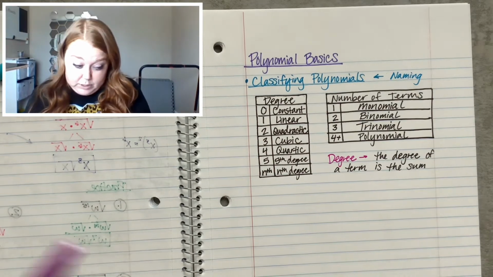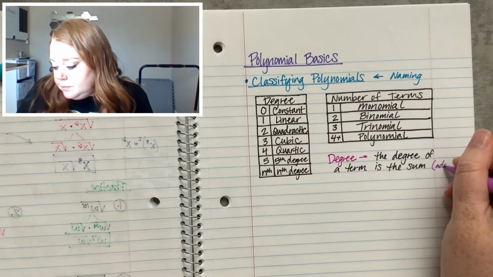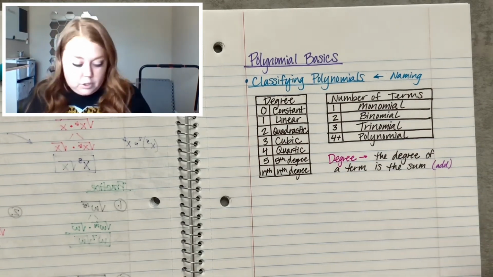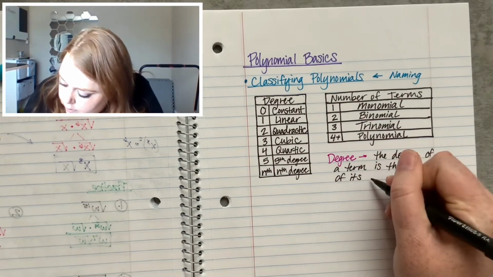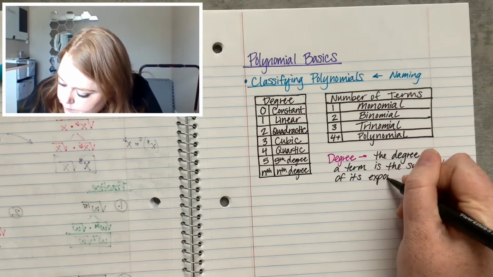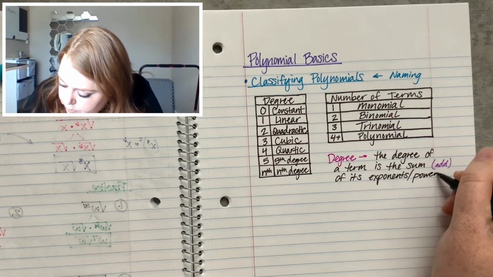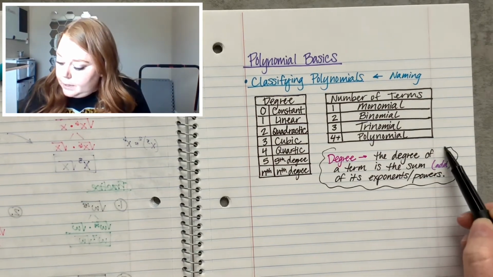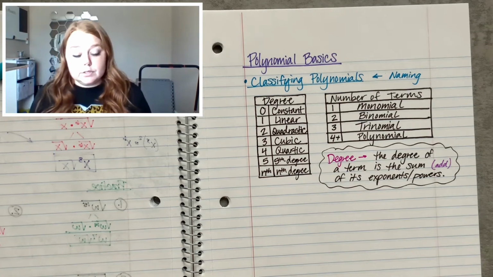Do we remember what sum means? Sum means to add. The degree of a term is the sum of its exponents. Or you can say powers, right? Those words are interchangeable. So the degree of a term is the sum of its powers.